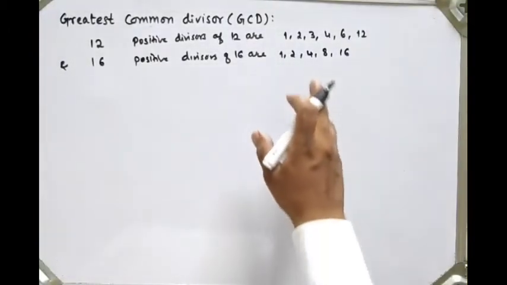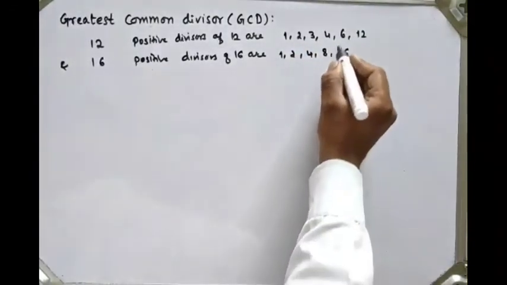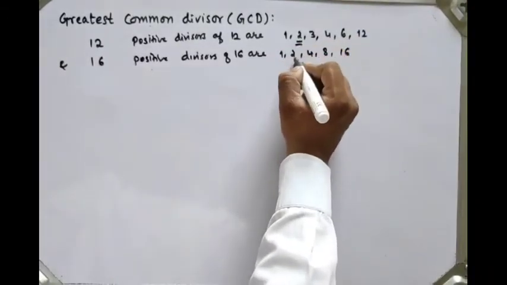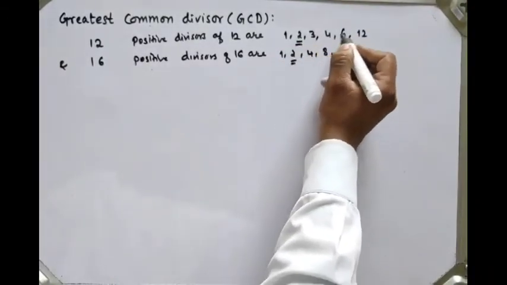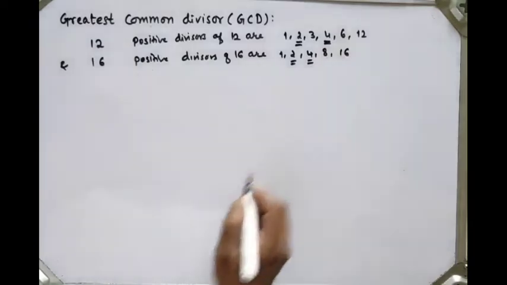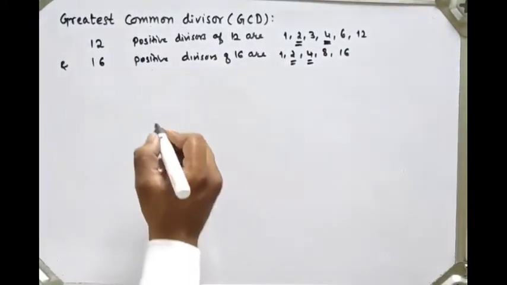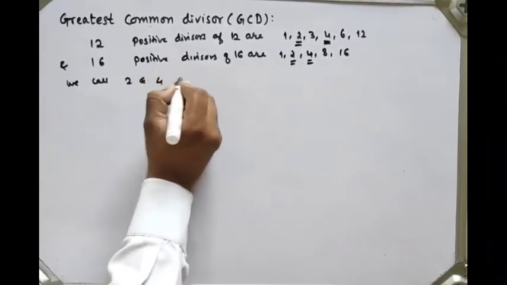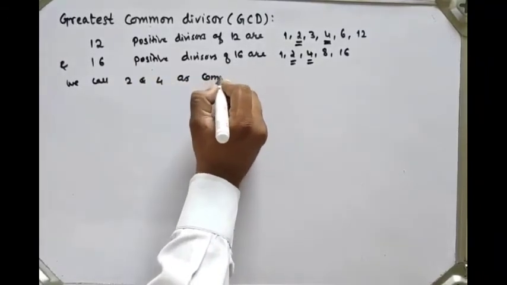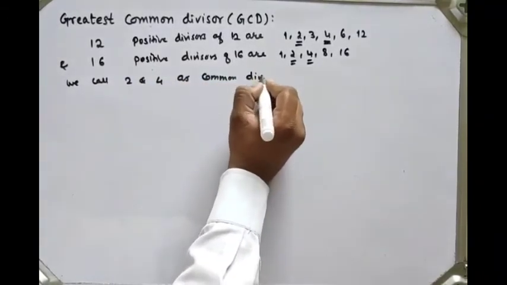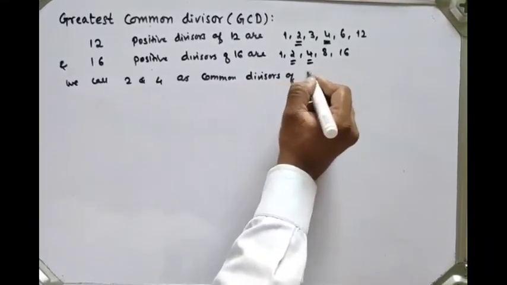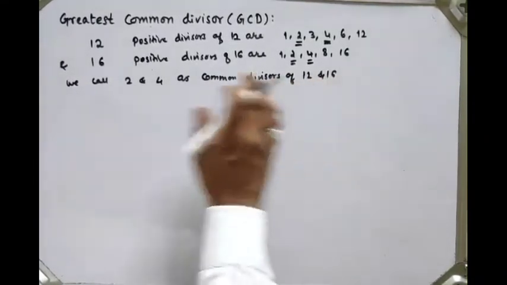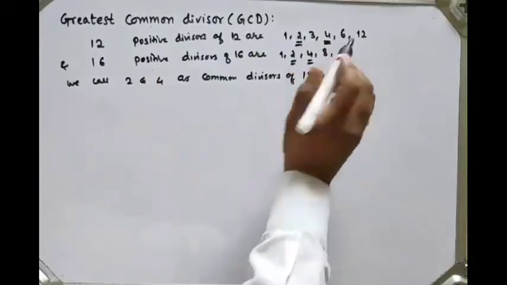So from these two lists, what are the common divisors? 2 is common, and 4 is common. So we call 2 and 4 the common divisors of 12 and 16, right?